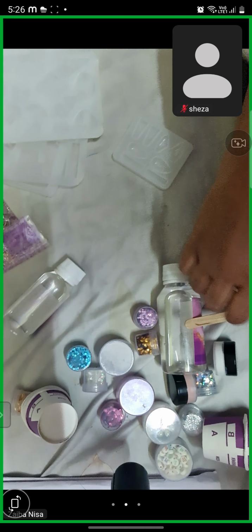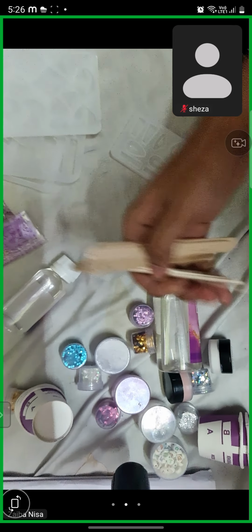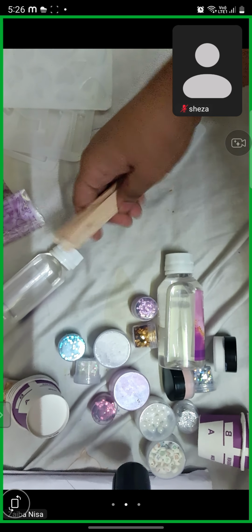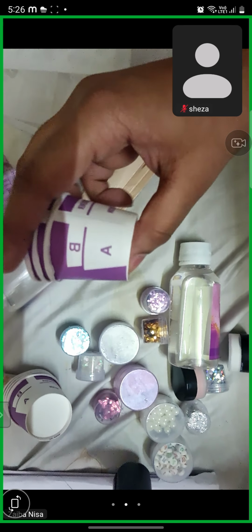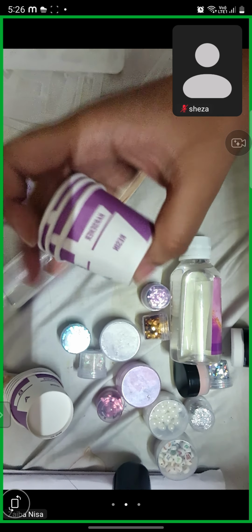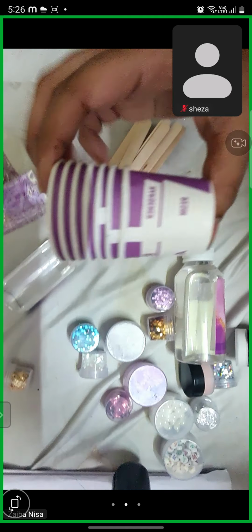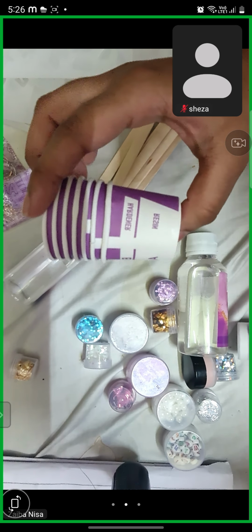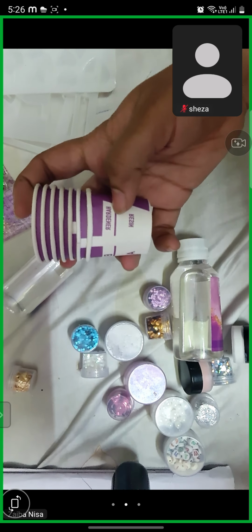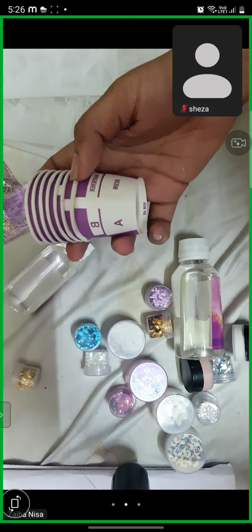Here are some sticks. Here are some measuring cups. See, I have this many measuring cups. Up to here you need to take the resin, above that the hardener.